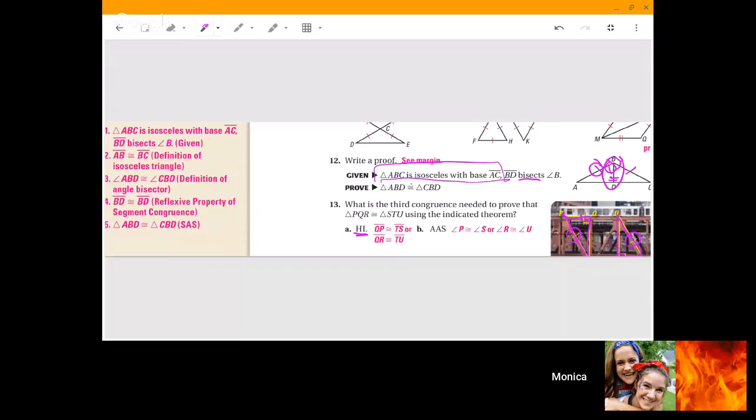So we just need to show that one of the legs is congruent with another leg. So you could say that QP is congruent here to TS down here, or that QR is congruent to TU, that these long sides are congruent here. Does that make sense, Ethan?